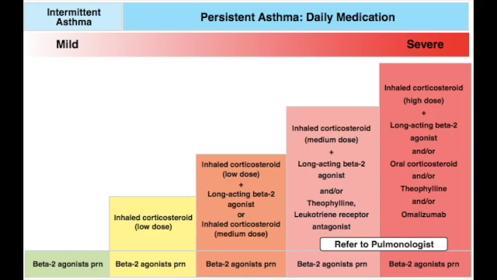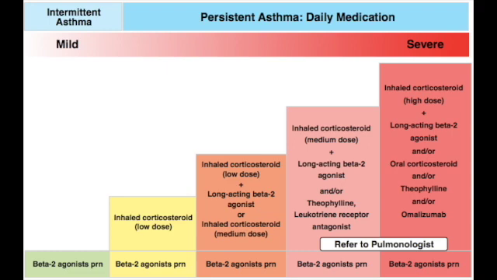So now just to quickly go over the classification of asthma severity and how we know what classification the patient falls under. There's intermittent and there's persistent. Within persistent, there's mild, moderate, and severe. For intermittent, SABA use is under 2 days a week.